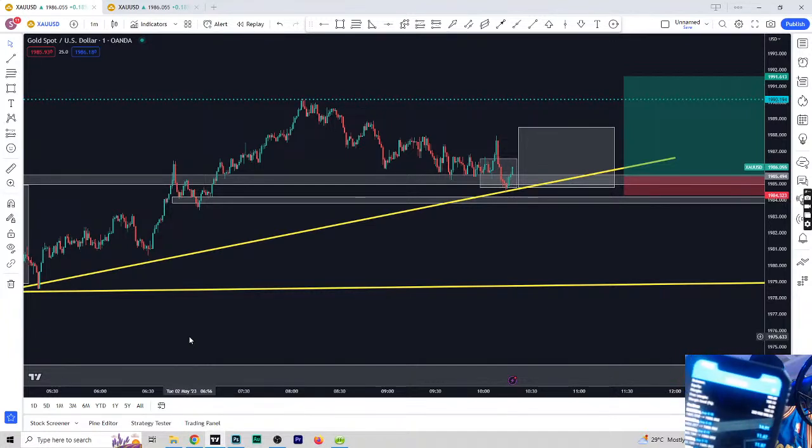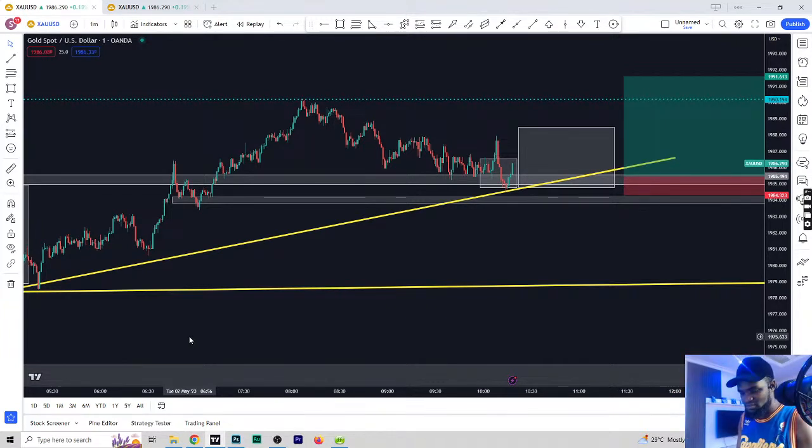Now check it, booking profit, and it's reaching the quarterly. I'm on 70, and now it's hitting our take profit. You see I'm on 70 USD.